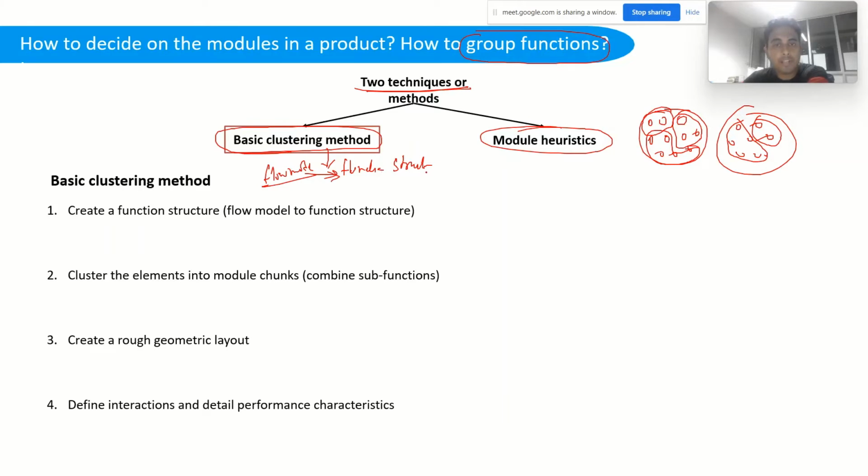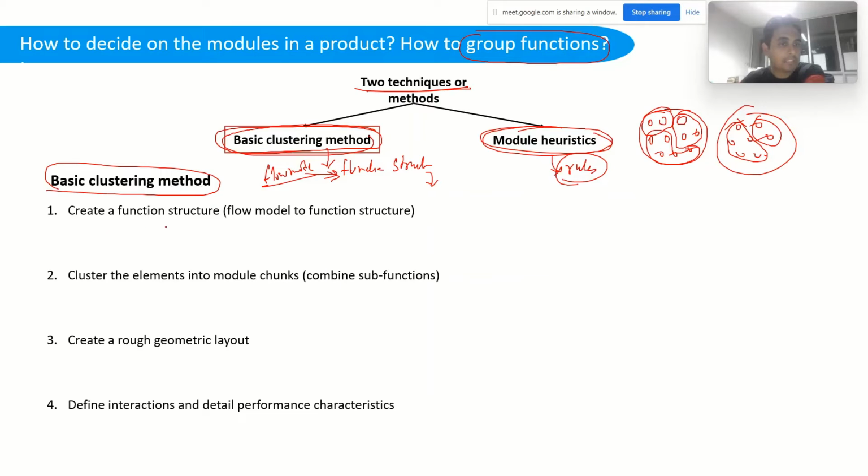Based on the function structure we can cluster various functionalities to come up with certain modules. In the case of module heuristics, we use heuristics, that means some set of rules or guidelines, to combine or group different functionalities. So let me first start with the basic clustering method.